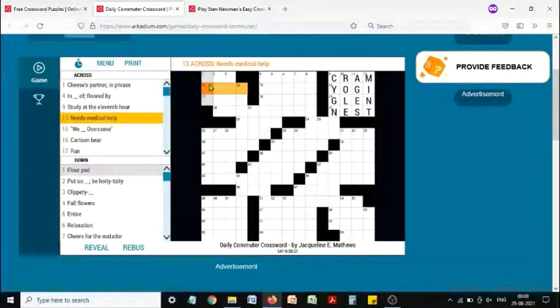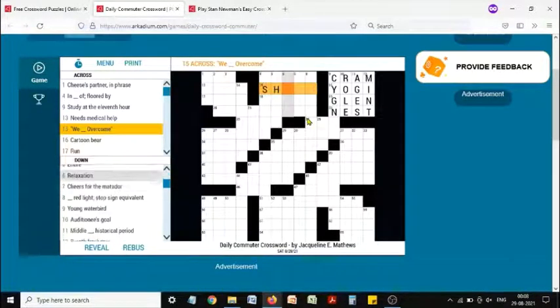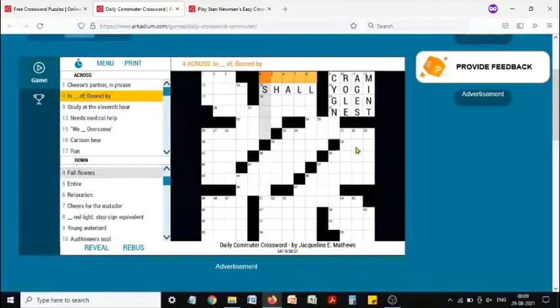Needs medical help. 15 across. This might be shall. We shall overcome. A common phrase is given in quotes here, so that's how you try and guess whether that's what it means. Let's see what is 4 down.